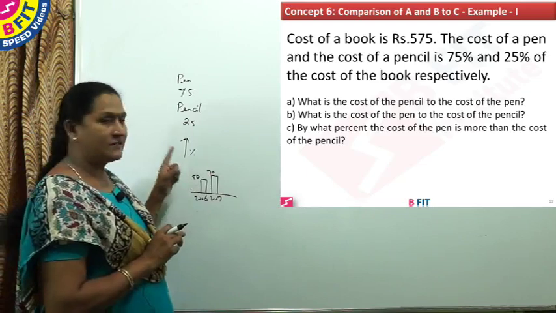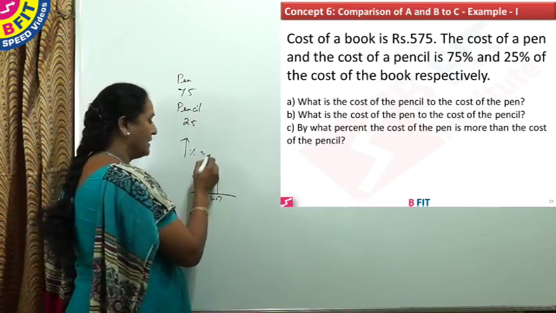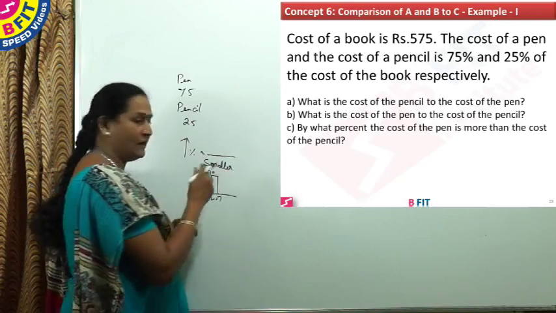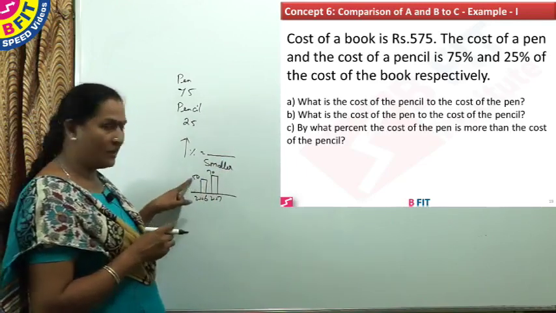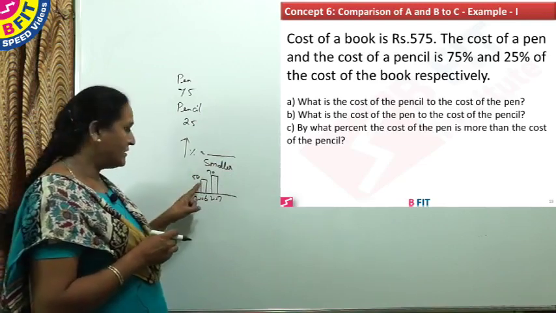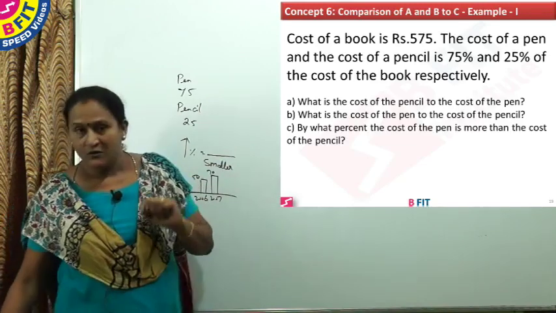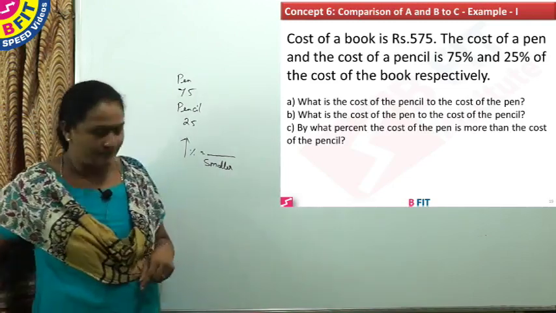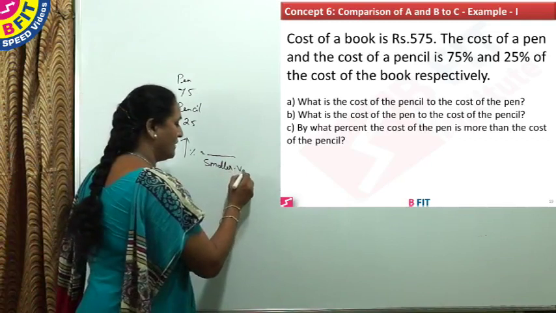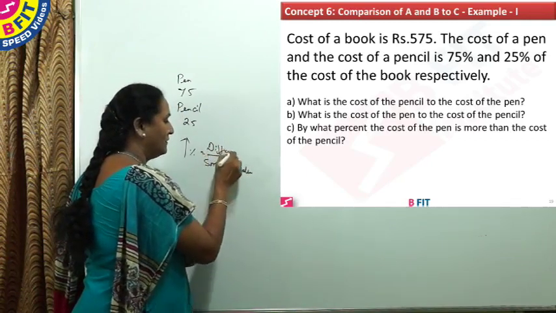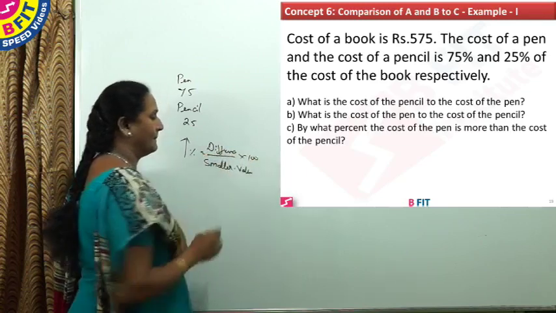So whenever they ask increase percentage, write the smaller value in the denominator. In the given two values, write the smaller value in the denominator. From this smaller value, from this 50, it is 20 more. So when they ask increase percentage, the smaller value goes in the denominator and the difference in the numerator, into 100.